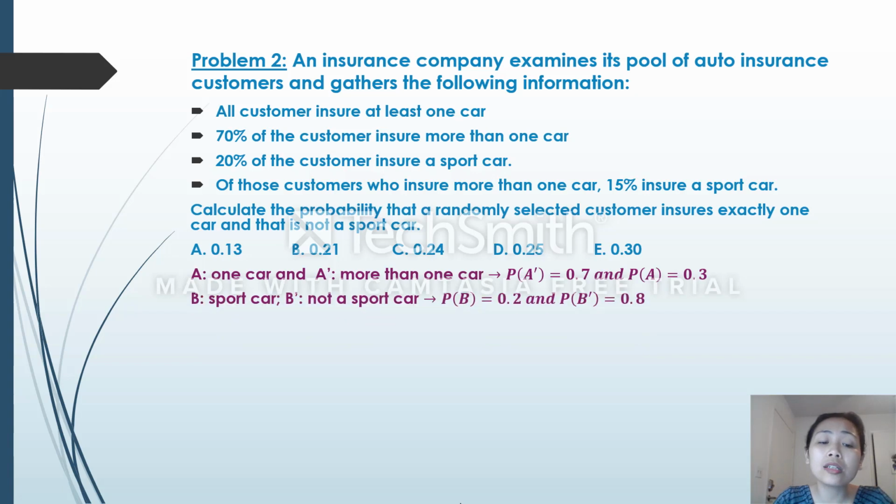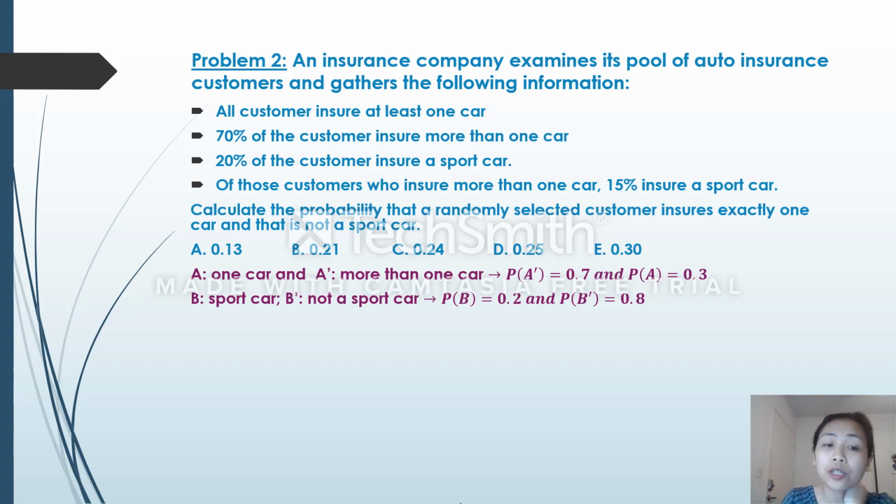Now we call B the event that a customer insures a sport car. So B prime is the event that a customer insures a car that is not a sport car. From the third piece of information, 20% of customers insure a sport car, so probability of B is 0.2. So 80% of customers insure a car that is not a sport car, and probability of B prime is 0.8.